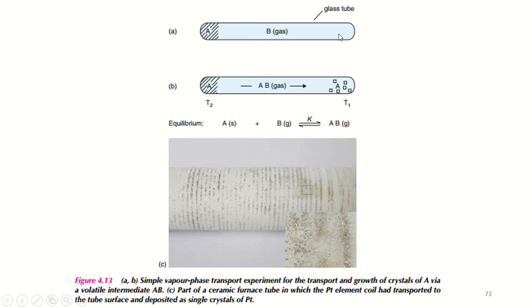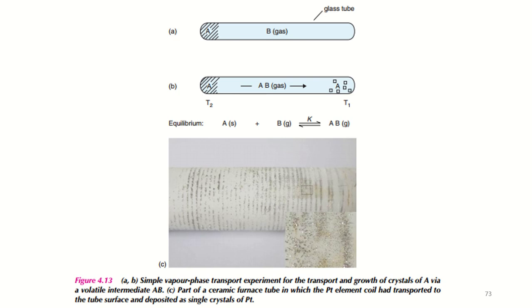The tube is placed in a furnace such that a temperature gradient of about 550 to 100 degrees Celsius exists inside the tube. In the simplest case, A and B react to form gaseous intermediate AB, which permeates the whole tube and decomposes somewhere in the tube.